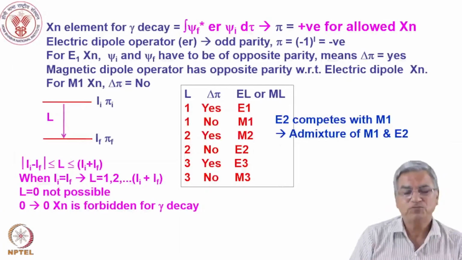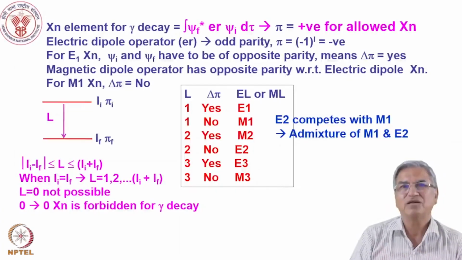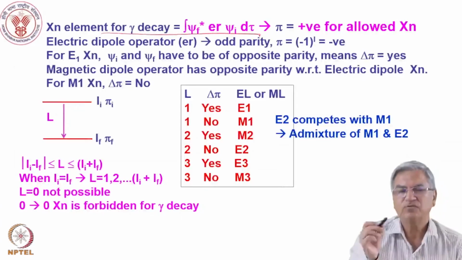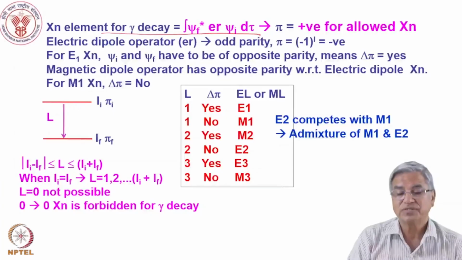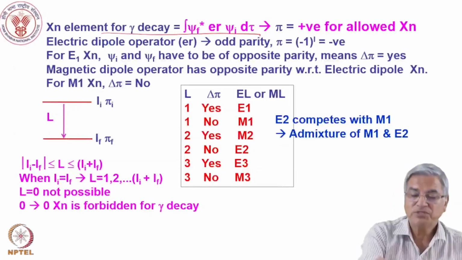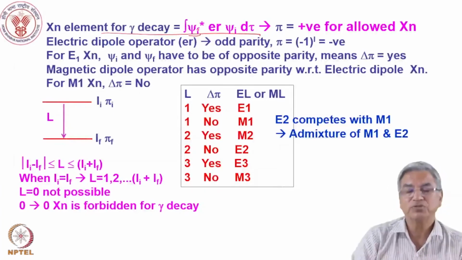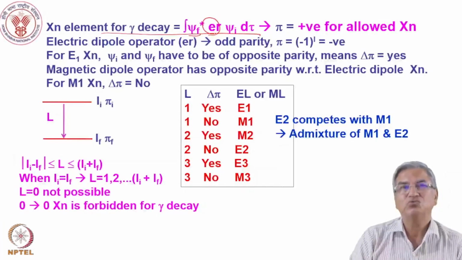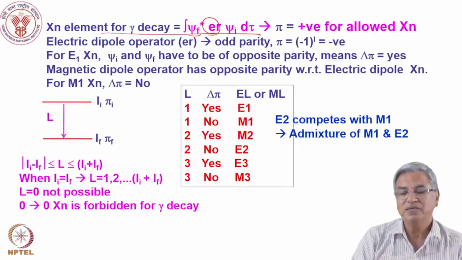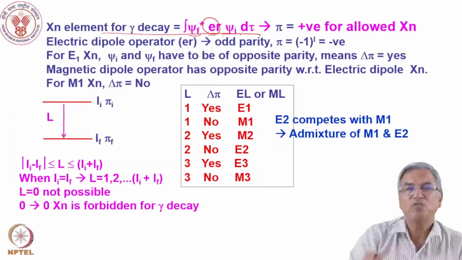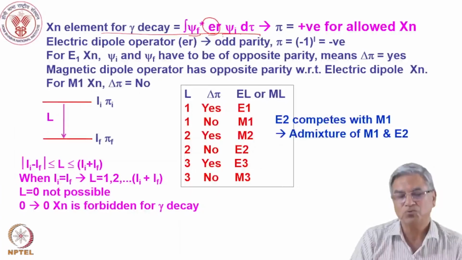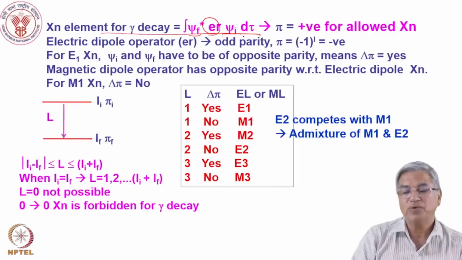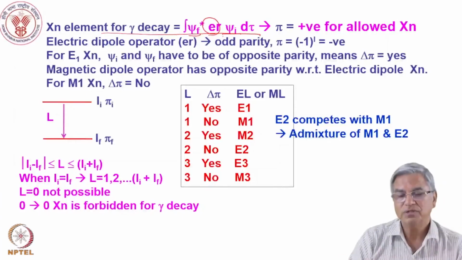Taking the analogy from molecular transitions like UV-visible transitions, the matrix element for a decay or optical transition can be written in terms of the wave function for the final state, the complex conjugate of that, the dipole moment operator for the electric transitions, E times R, where E is the charge and R is the distance, and psi, the wave function of the initial state of the molecule or nucleus. And then this is integrated over the volume, d tau equals dx dy dz, over the volume of the system.